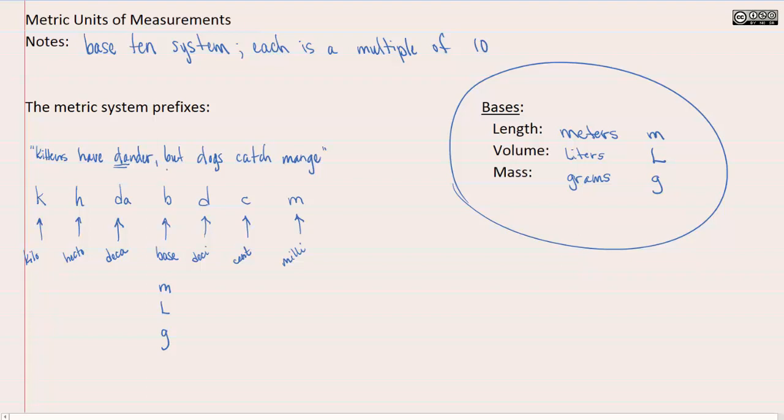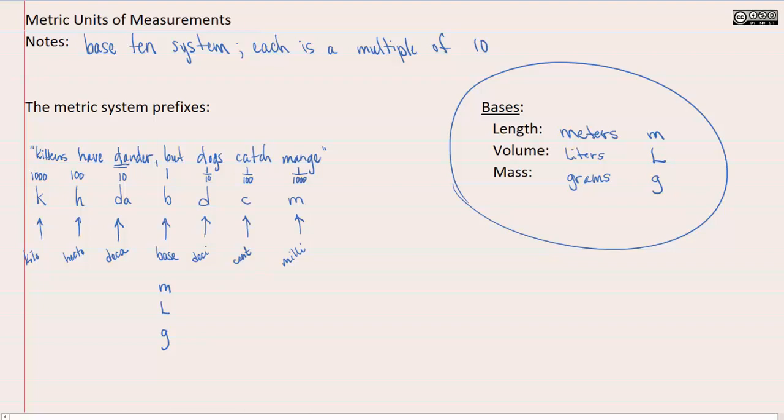So, if the base is similar to 1, that would mean deca is similar to the tens, hecto would be similar to the 100s, and kilo would be similar to the 1000s. And going the other way, deci would be similar to the 1/10ths, centi would be similar to the 1/100ths, and milli would be similar to 1/1000th.